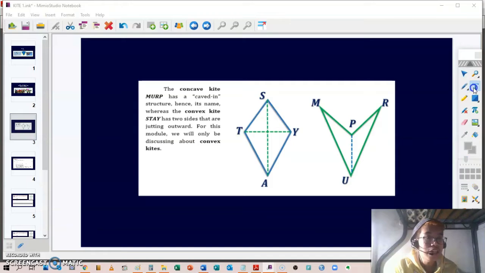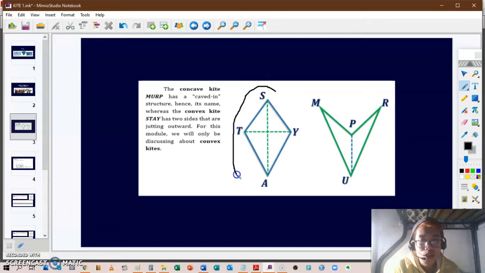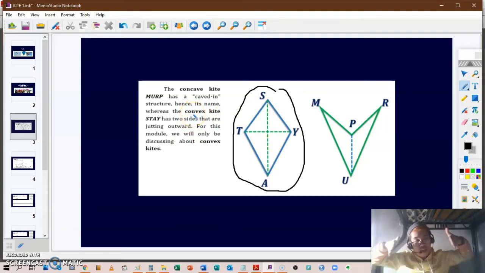So we have here, guys, the two types of kites: a convex kite and a concave kite. The convex kite is signified by this quadrilateral. We have here STAY. It's a convex kite because if you notice, one of its points is jutting outwards.